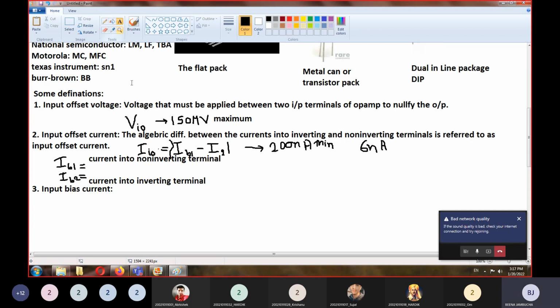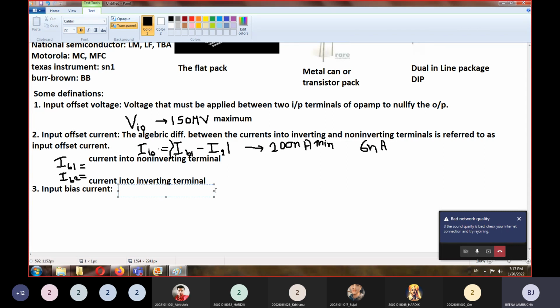Okay, input bias current. The next parameter is input bias current.